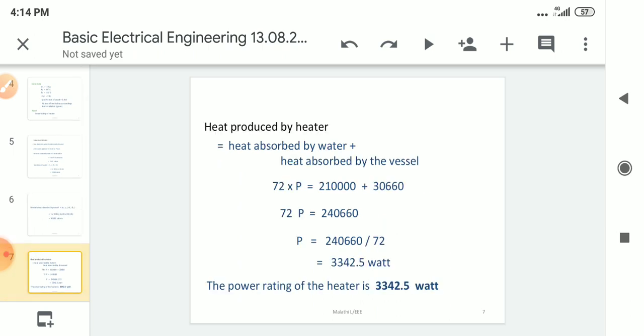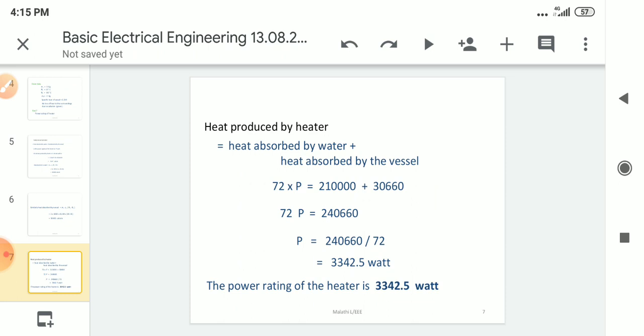So heat produced by the heater is the combination of these two, which is equal to our input. Here we are taking our efficiency as 100%, because of that we consider the losses as 0. That's why input is equal to output.